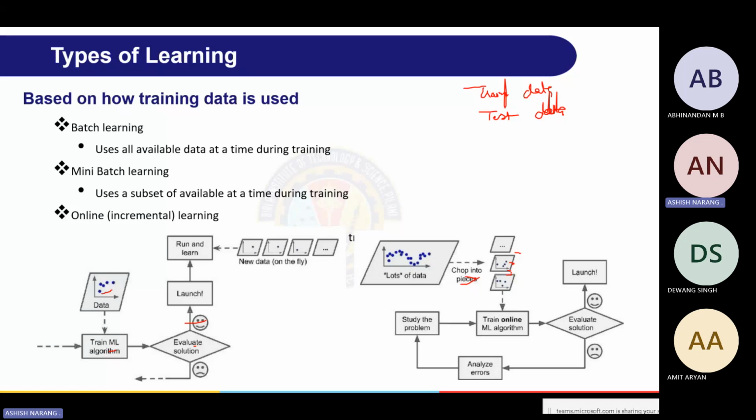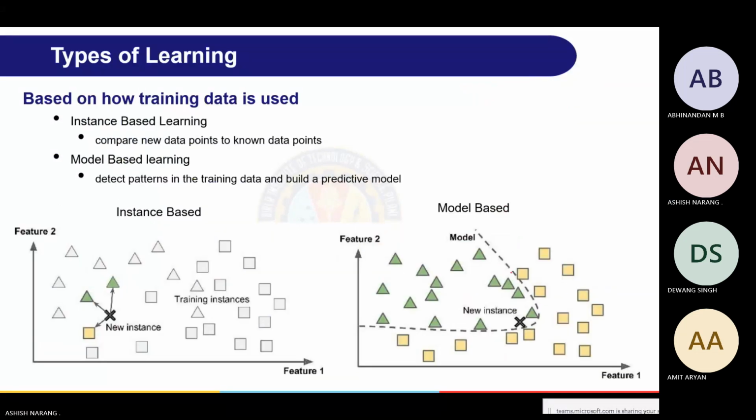I train an ML algorithm, evaluate a solution, analyze errors if there are any, and if I'm not satisfied with the performance, I go back and redo things. Once I'm satisfied with the evaluation, I launch the model for the unseen data.